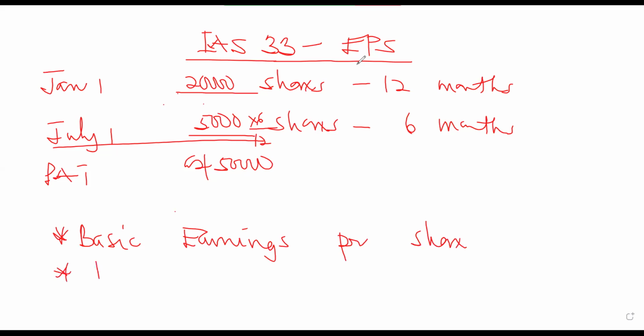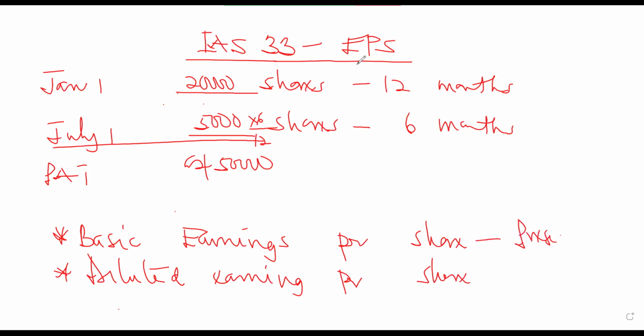Then we look at what we call the diluted earnings per share. The basic earnings per share is the present or current earnings per share.